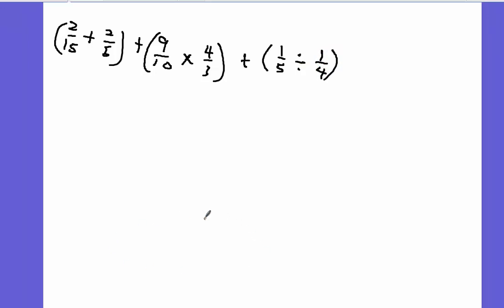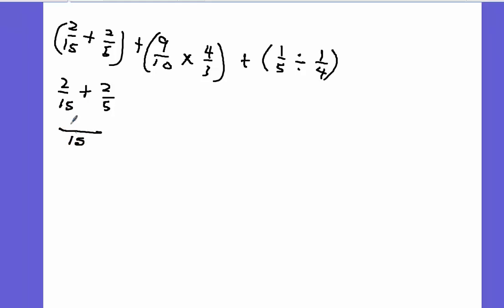So of course the rules of BODMAS, which starts with the bracket, apply. Therefore the first one, 2 out of 15 plus 2 out of 5. I'll find my LCM, which is 15.